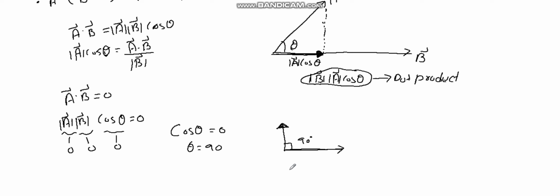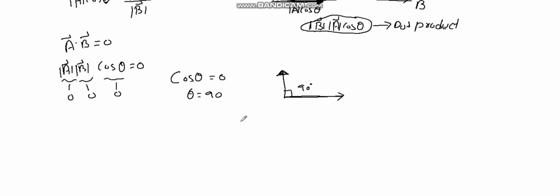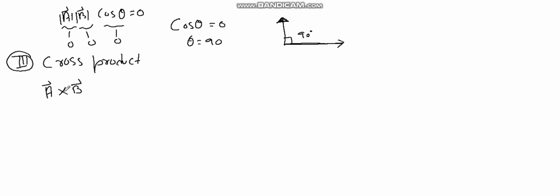Let's come to the third kind of multiplication for vectors, which is the cross product. The cross product is represented by A cross B. We don't use a dot over here, we use a cross, and its value is the magnitude of A times the magnitude of B times sine theta.